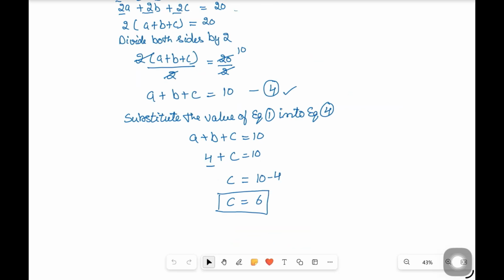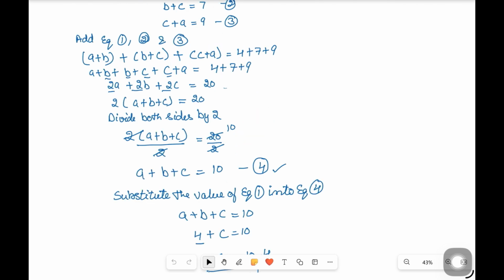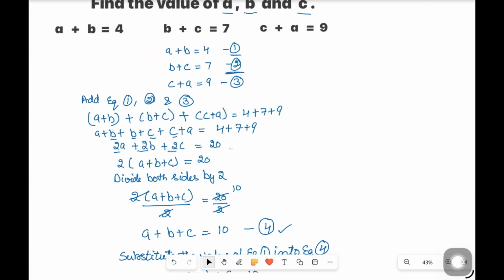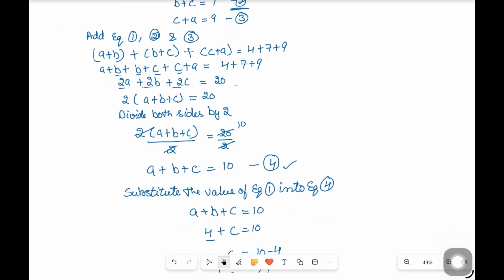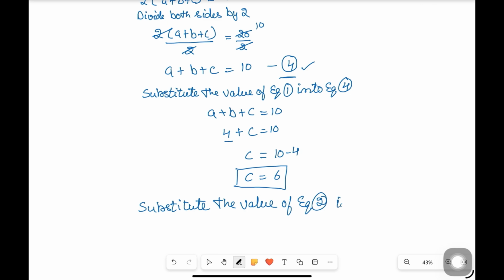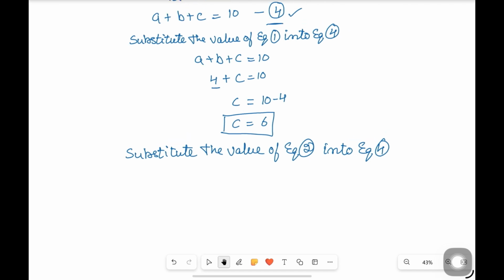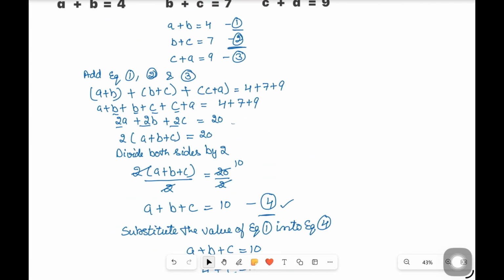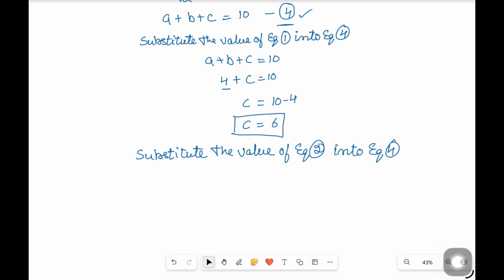Since we have found the value of c, which is 6, now recall the equation 2. The equation 2 is b plus c is equal to 7. Now we will substitute this value in our equation 4. So we will write here, substitute the value of equation 2 into equation 4. So our equation 2 is b plus c is equal to 7, and our equation 4 is a plus b plus c is equal to 10.